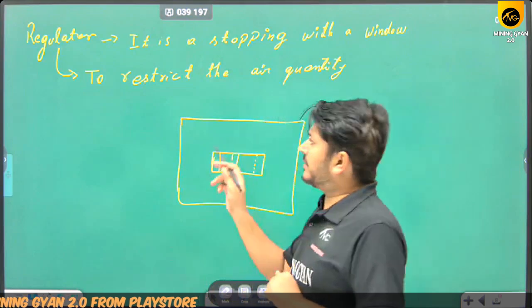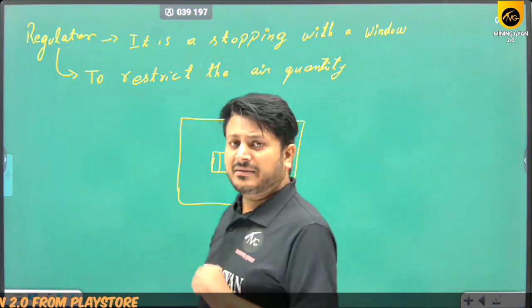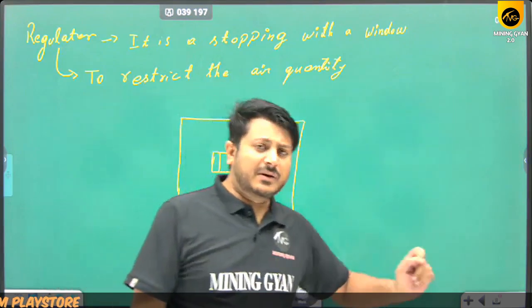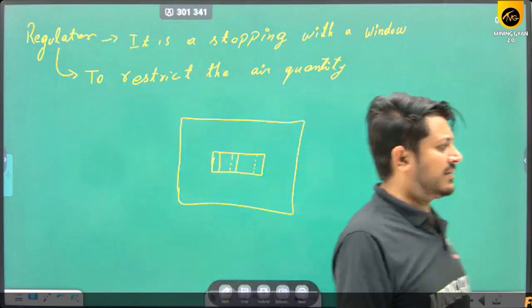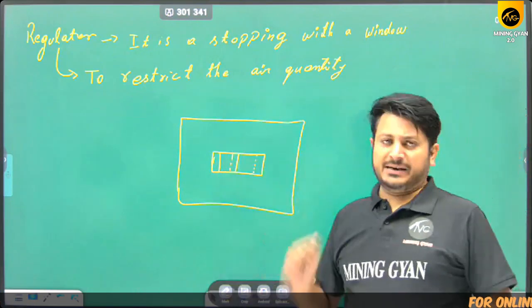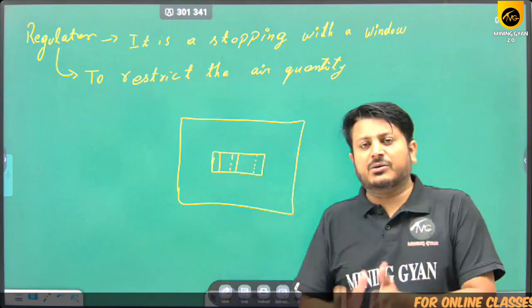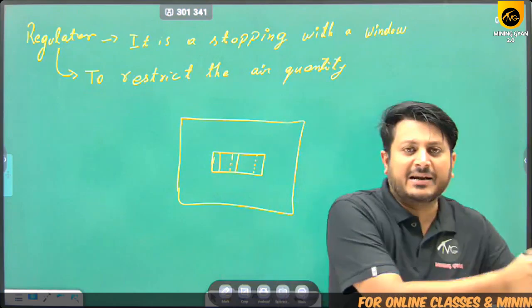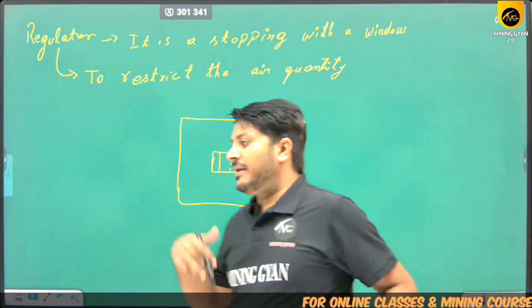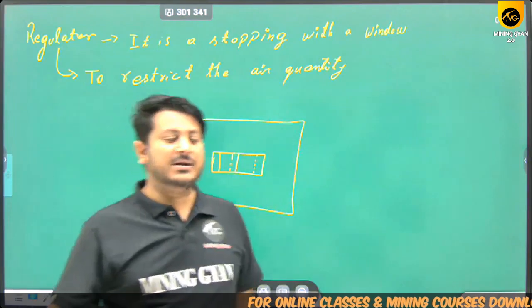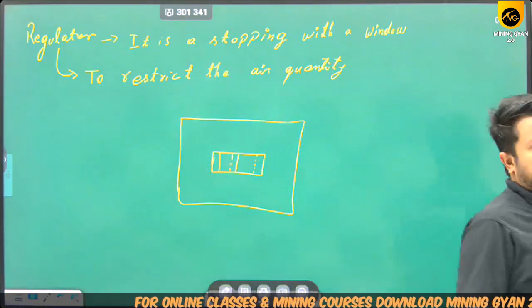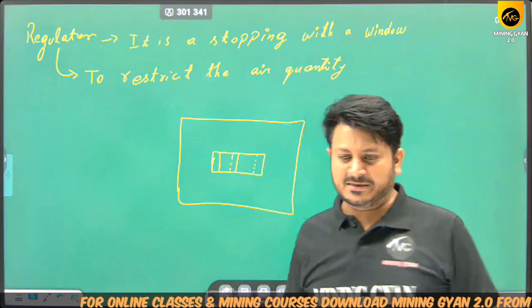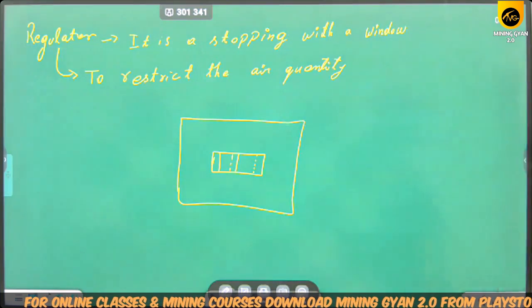To restrict the quantity of air reaching the panel near the shaft, we use regulators. It will restrict the quantity of air flowing into that panel, and it will help to improve the ventilation of the farthest panel. Okay, in this manner a regulator works, and this is the use of a regulator.